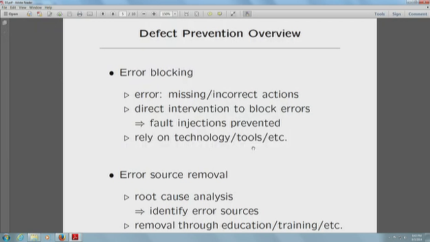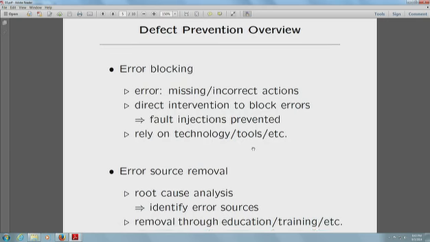And sometimes if it's already in the system, you can use the so-called mutation testing or similar ideas to distinguish between those different alternatives and try to find out whether you had the correct choice in the first place. So that's the error blocking general idea.